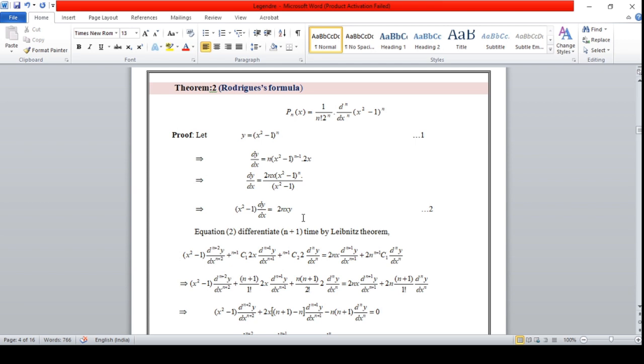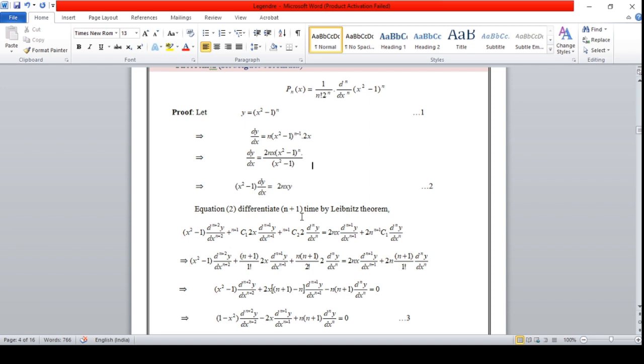Call this equation second. Differentiate equation second n plus 1 times by Leibniz theorem, which is a well known theorem. So apply here.